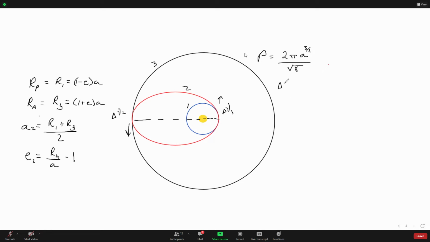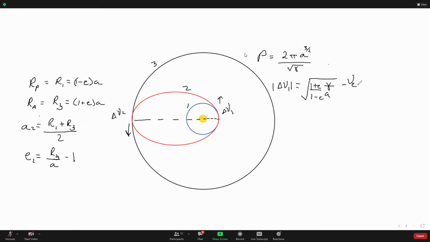Well, delta V1 for orbit number 2, in absolute value, is going to be the square root of, this is perigee, 1 plus E over 1 minus E, gamma over A, and that's E2 and A2, minus the velocity of Earth in Earth's orbit.